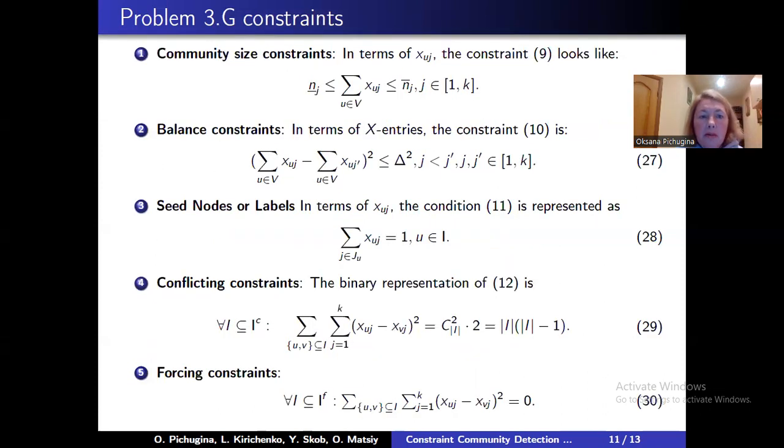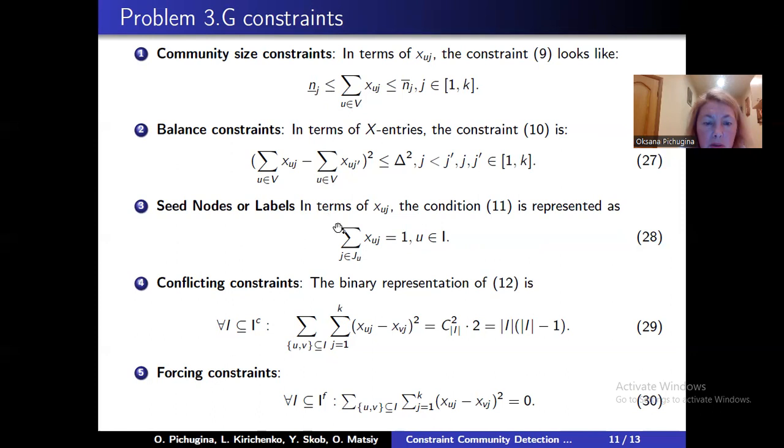And finally, there is a list of additional constraints formalized in terms of X, which we call Problem 3G, a generalization of Problem 3. First is the community size constraint, which we write as a linear constraint. The balance constraint takes the form of a quadratic constraint.